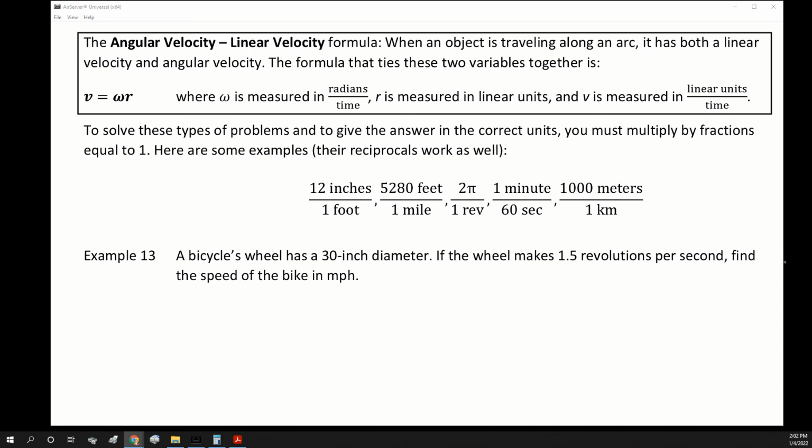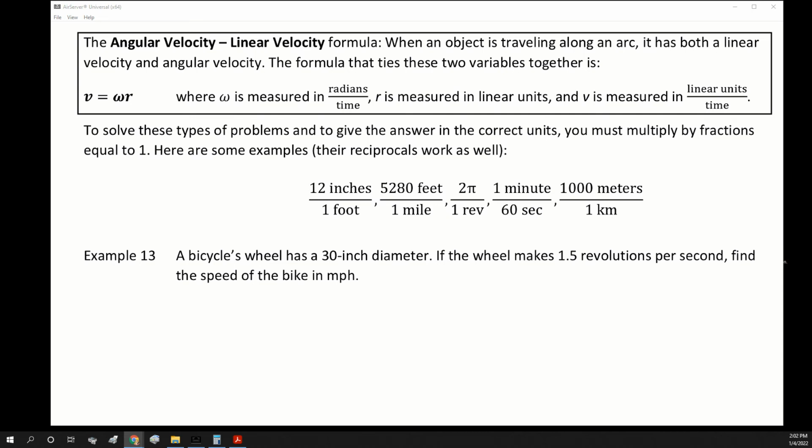But angular and linear velocity, they're related. So when an object is traveling along an arc, it has both linear and angular velocity. So this formula ties the two variables together, and it's that v equals omega times r, or the angular velocity times the radius.